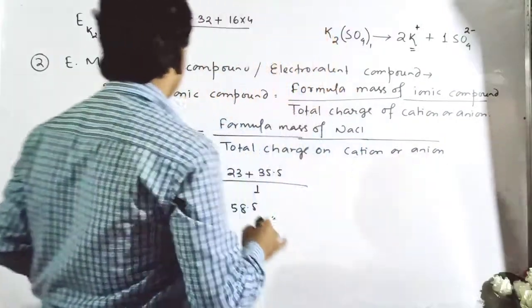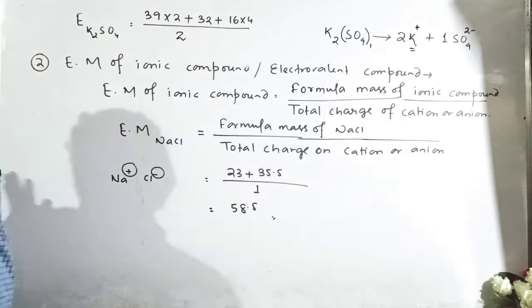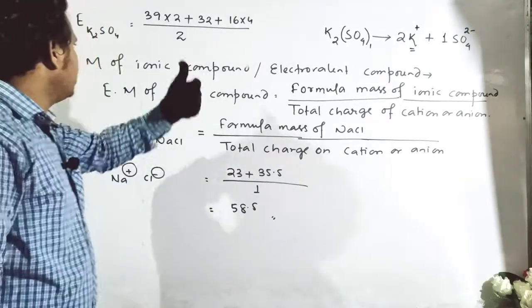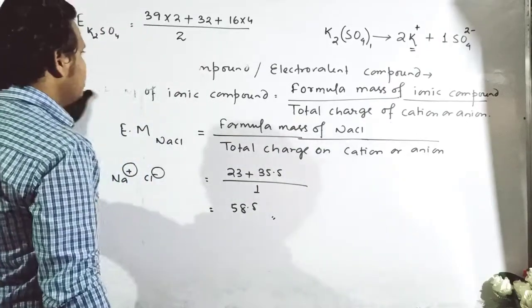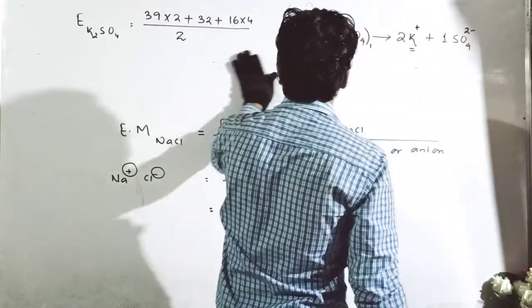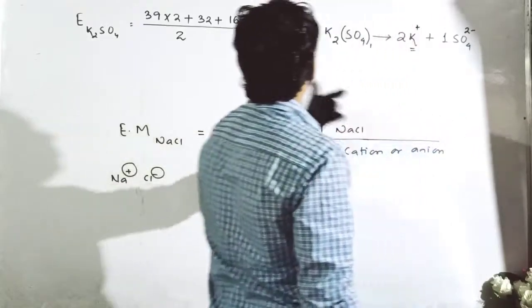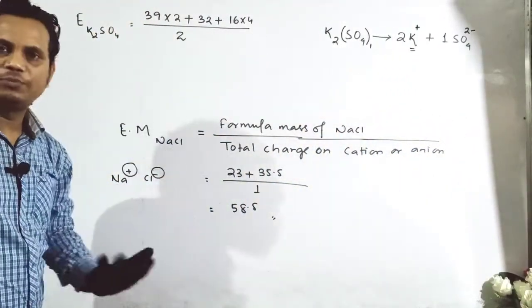So what is the total charge on the cation or anion? Either plus 2 or minus 2. Any one. Now you can simplify, and whatever the result is will be our answer. In this way we can find the formula mass and the total charge when you break it.